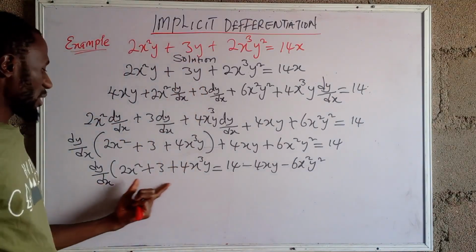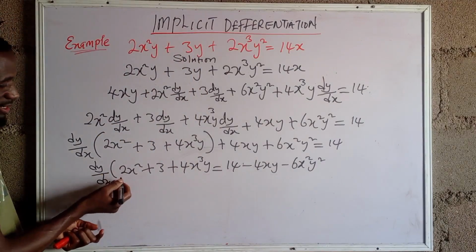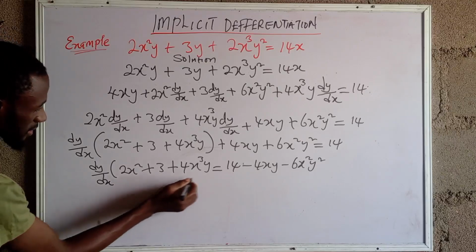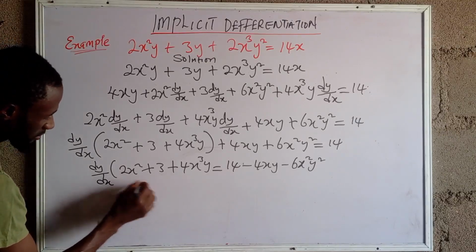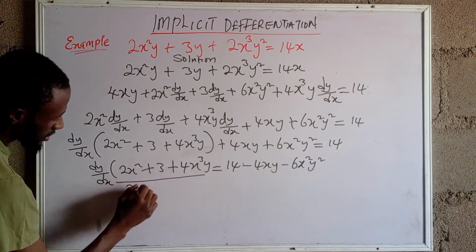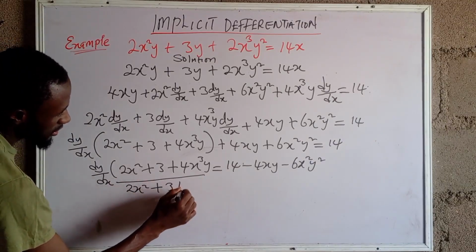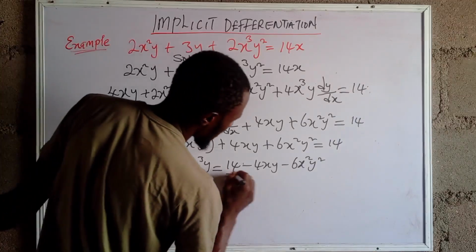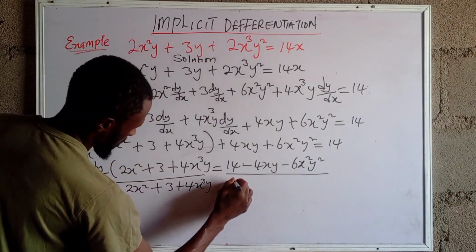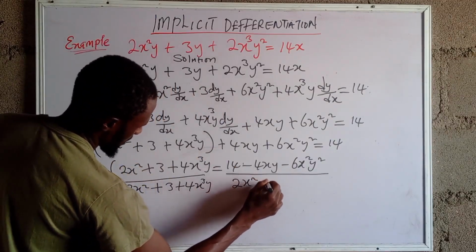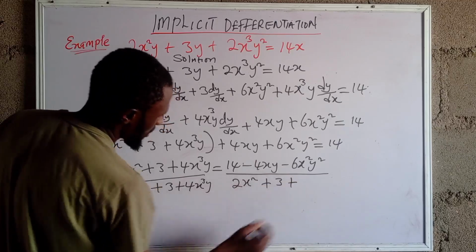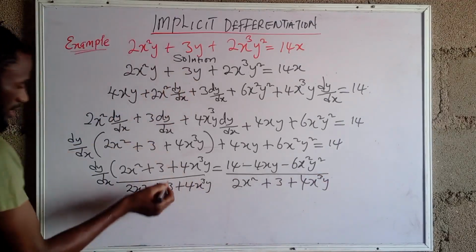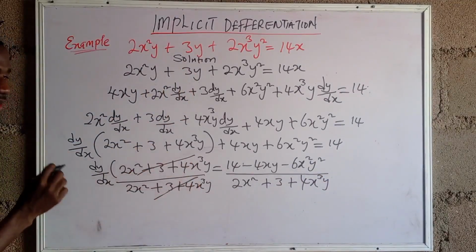Now we are going to divide both sides by the coefficient of dy over dx, which is 2x squared plus 3 plus 4x cubed y. Therefore, this one will cancel out this one.